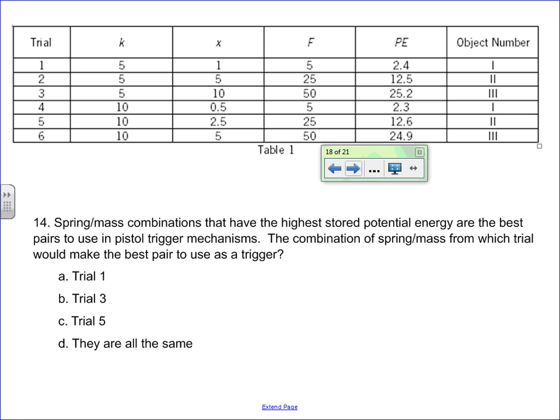So spring mass combinations that have the highest stored potential energy are the best used for pistol triggers. So which one of these has the highest potential energy? 1, 3, 5, or they're all the same? Nice. 1, 3, 5, and 25.2 is the biggest one of all.